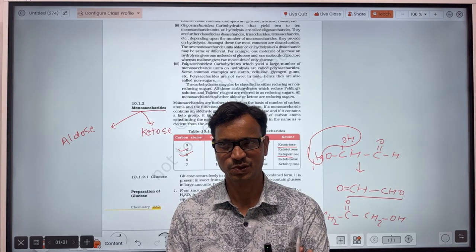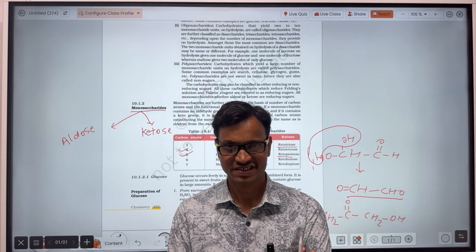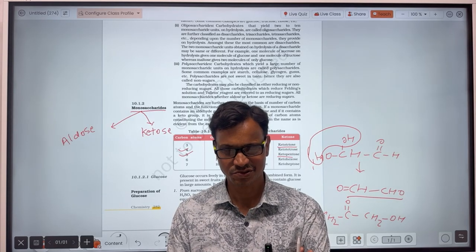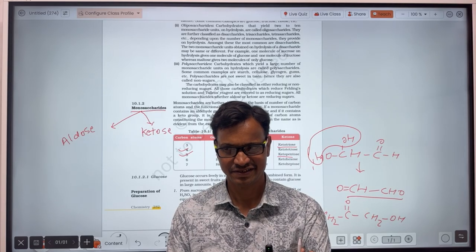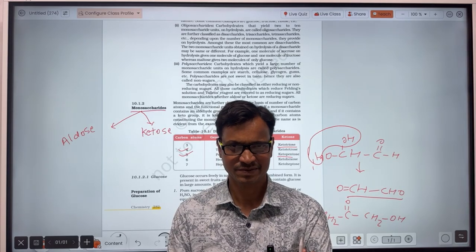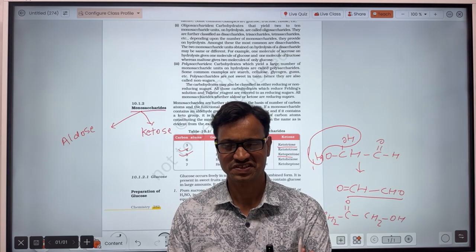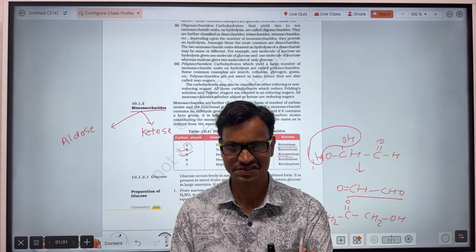An example of an oligosaccharide is kitchen sugar. That is also sweet in taste, and it is a disaccharide. Sucrose is a disaccharide, so it is also an oligosaccharide. And sucrose, that is sugar, is also sweet in taste.